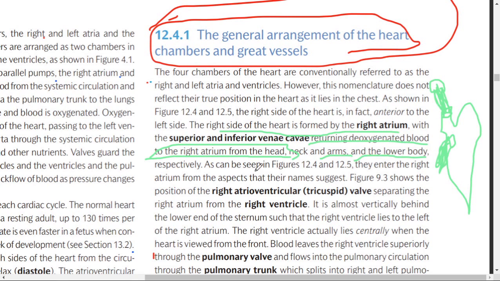As can be seen in the figure, they enter the right atrium from the aspects that their name suggests. We have another figure showing the position of the right atrioventricular tricuspid valve. I will draw it here.